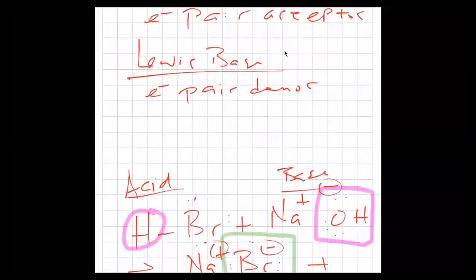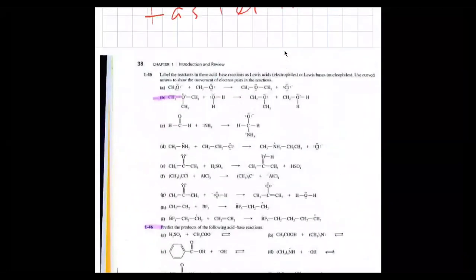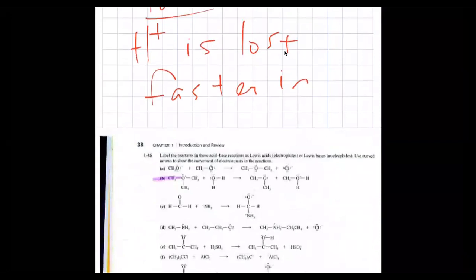All right. So let me go back to here. H plus is lost faster if the conjugate base is stable, right? And vice versa. It's lost slower if the conjugate base is unstable. All right. Any questions so far?